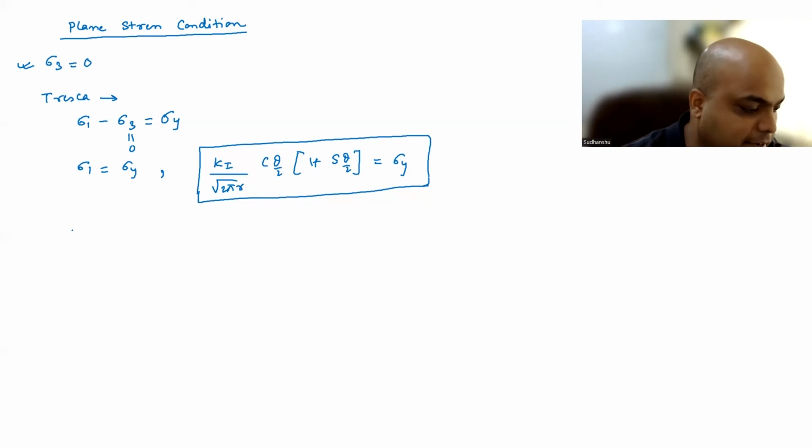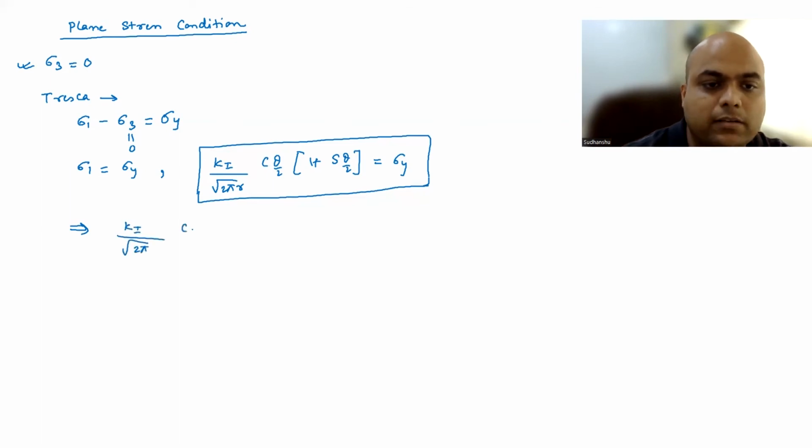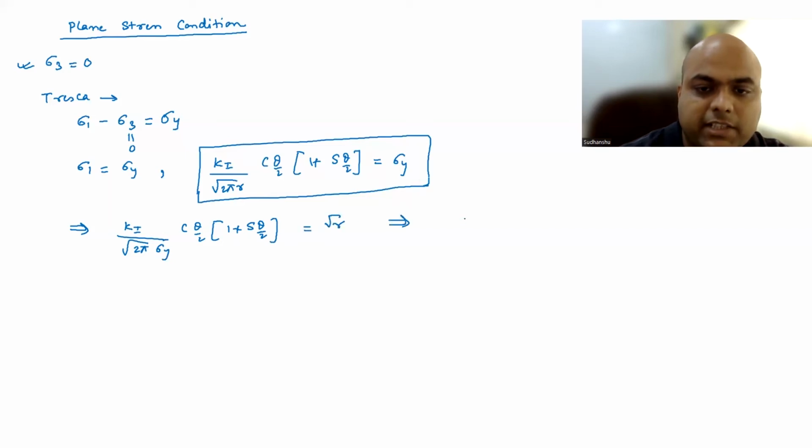So overall, we can write that. Let's move root r to the right side. So we can write K1 divided by root 2 pi, cos theta by 2, 1 plus sin theta by 2, and then we have sigma y here, so root r. Now let's take the square.